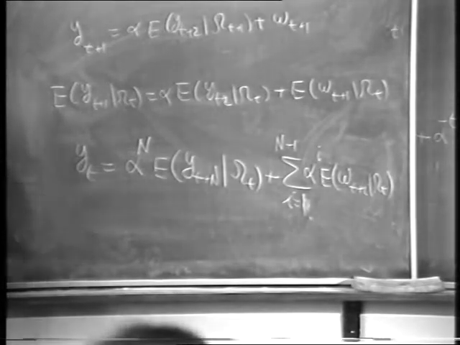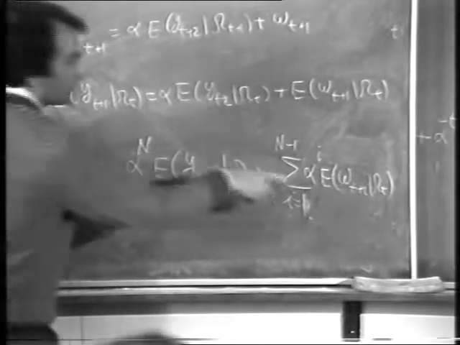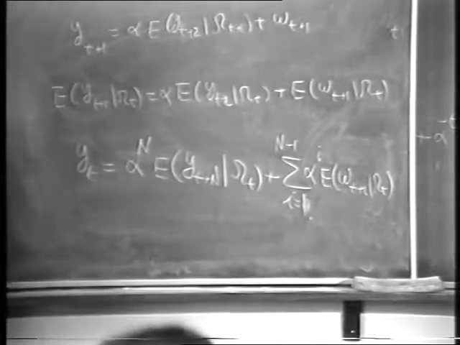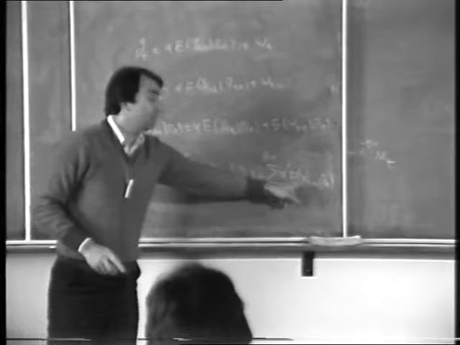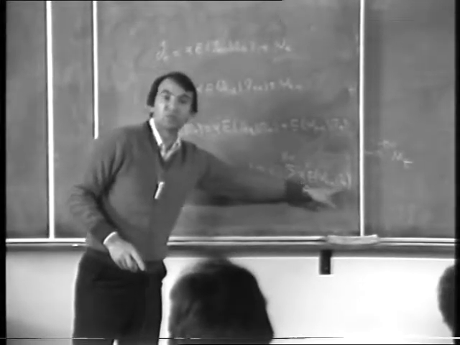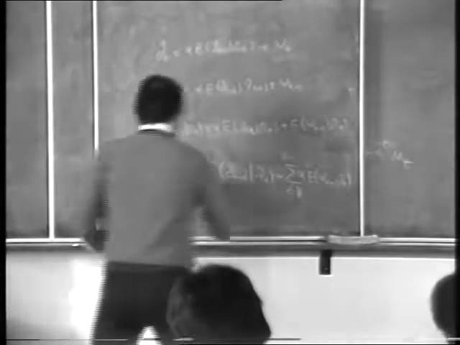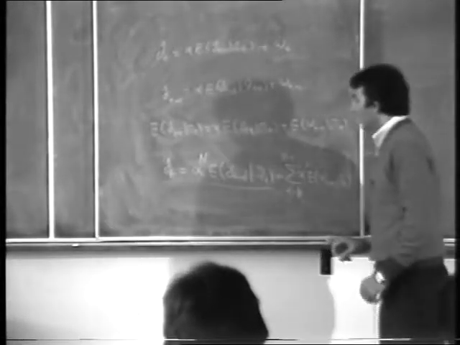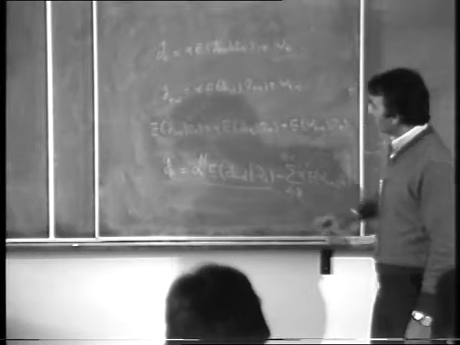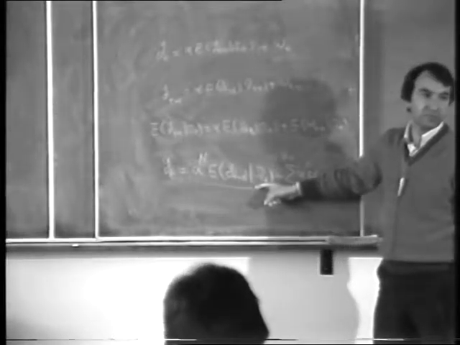Now, with this method of solution, you'll see that we have got all future expectations of the driving force, or the forcing variables w_t conditional on omega_t, appearing in the model. However, we also have this term. Now, the question is, under what condition can I ignore this term?